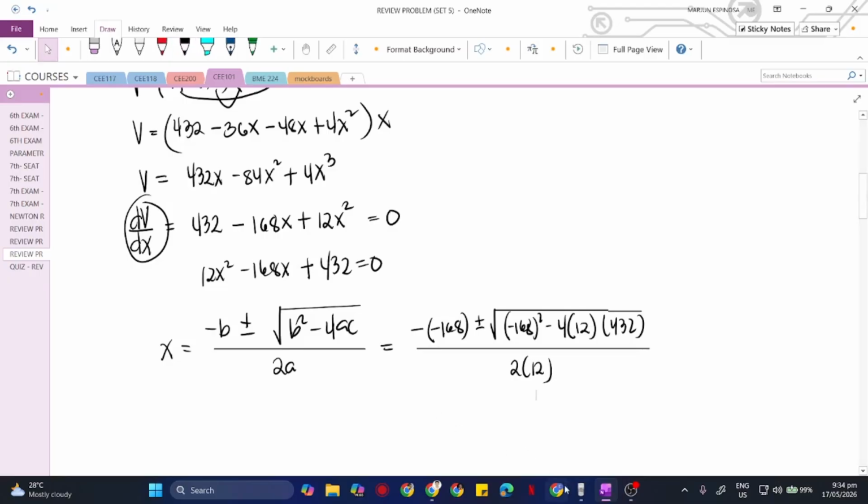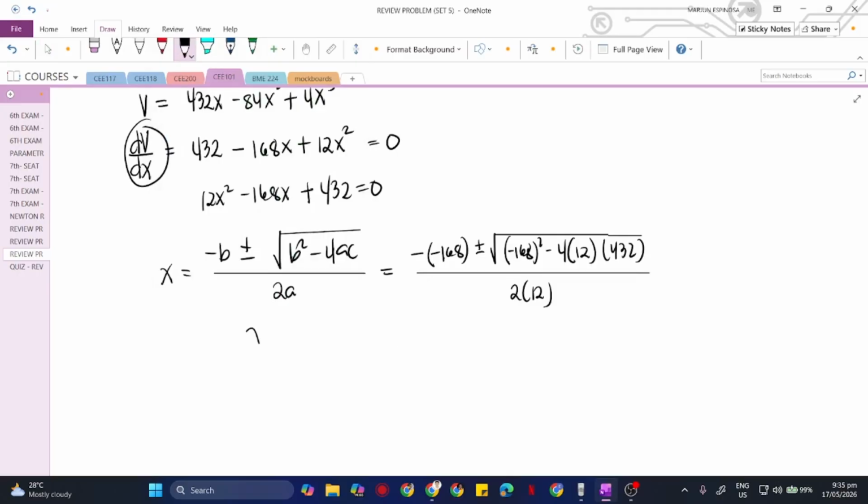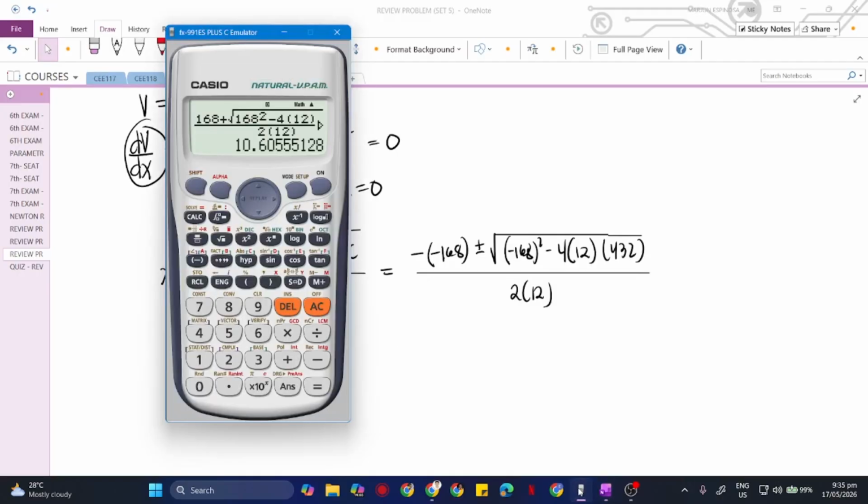Let's just take out our calculator. Let us check now. Negative times negative would be positive 168, plus, let us just start with the positive: 168 squared, negative 4 times 12 times 432, all over 2 times 12. If that is positive, that would give us 10.61.